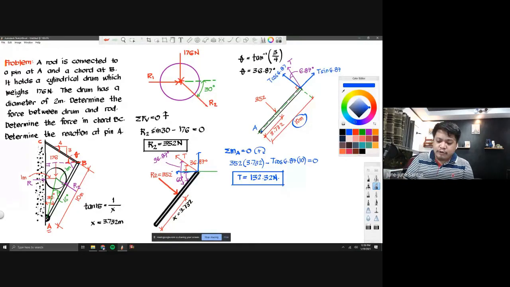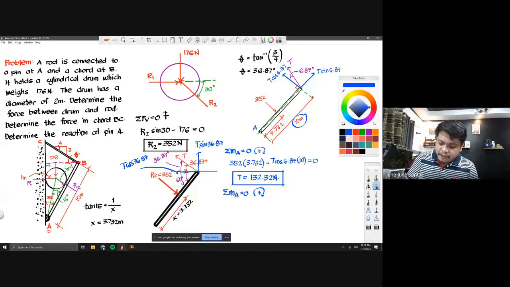Let's say, gusto mong ito yung i-decompose. Gagawin natin tong, this would become T sine of 36.87. And then this one would become T cosine of 36.87. But take note, pag nag-moment ka doon, try natin if we will get the same, and it should get the same. So, summation tayo ng moment at A equal to 0.